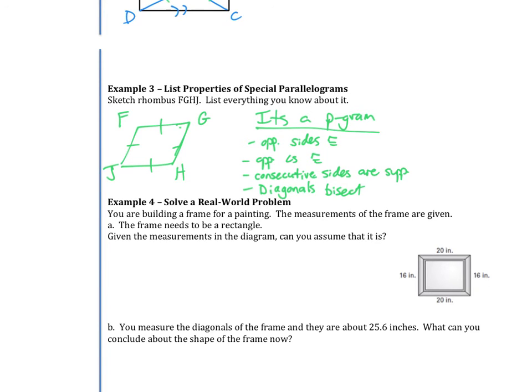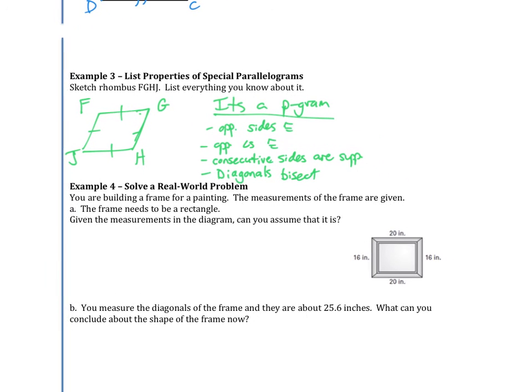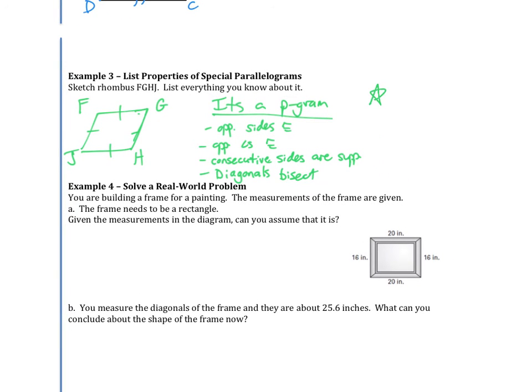So since it's a parallelogram, we know those four things. The opposite sides are congruent, the opposite angles are congruent, the consecutive angles are supplementary, and the diagonals bisect each other. We also know, specific to a rhombus, that four congruent sides are a part of a rhombus.